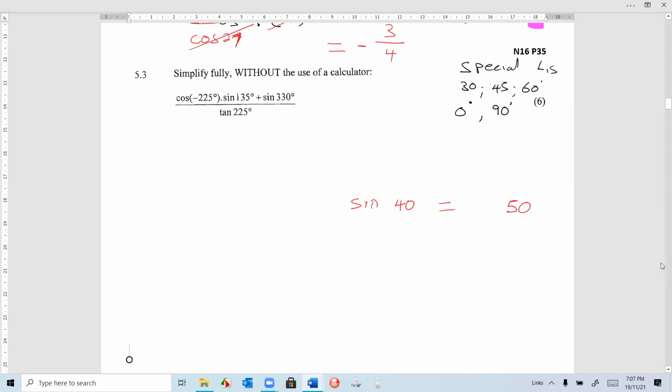But as soon as you use a complement, your sine will change to the co-ratio. The co-ratio of sine is what? Cos. So we had 27 and 63, and I think it was sine 63. So the complement of 63, 90 minus 63, is 27. And I'm using a co-ratio, so the sine must change to cos.